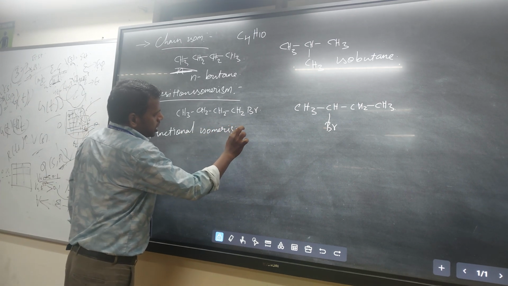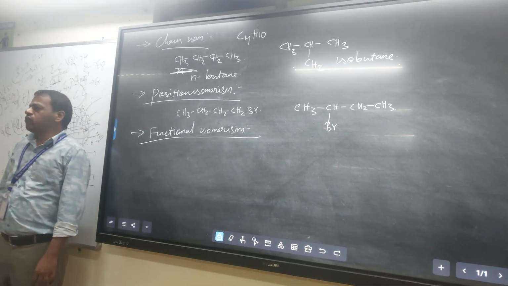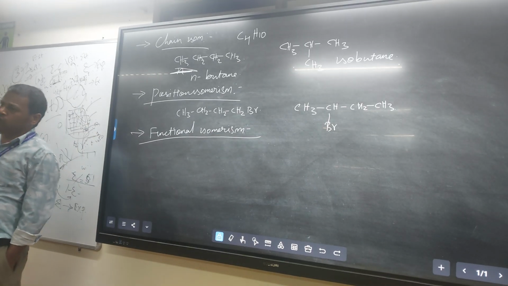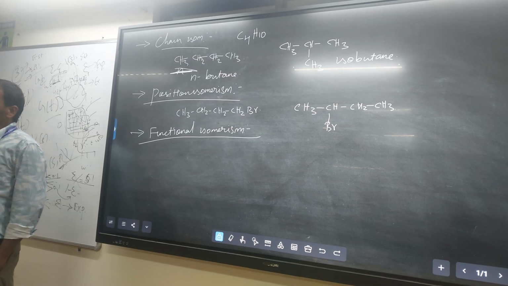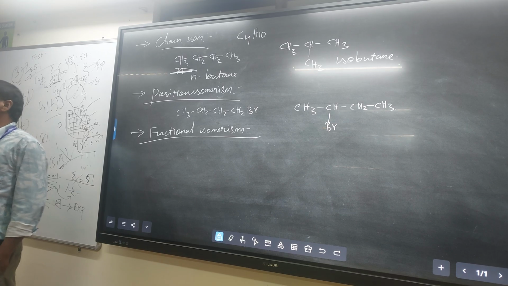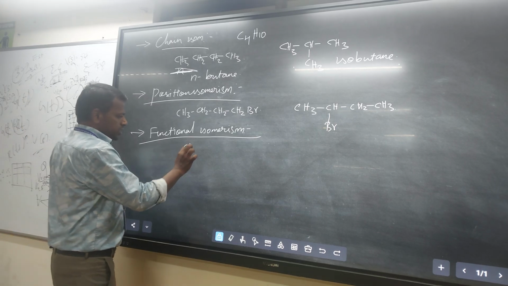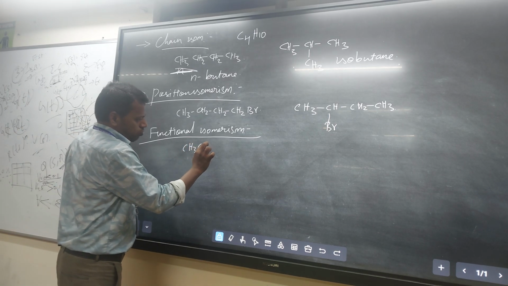What is functional isomerism? As I told you just now, it varies in the functional group, but the molecular formula is the same, and it exhibits two different functional group molecules. For example, a very simple example: CH3, CH2, OH.